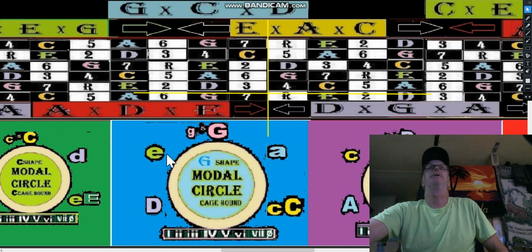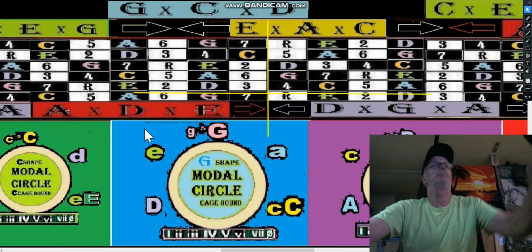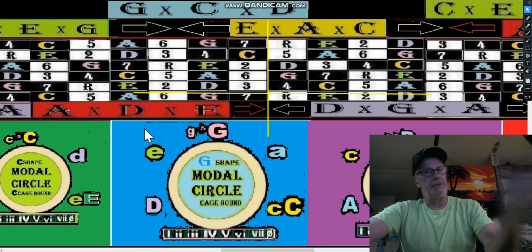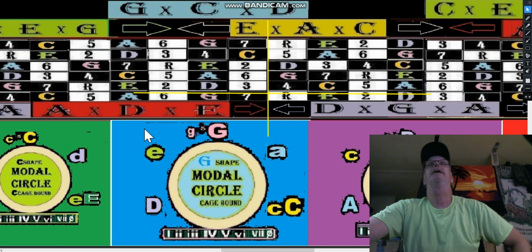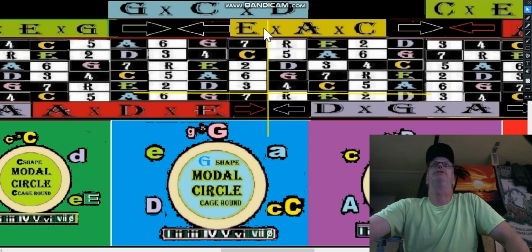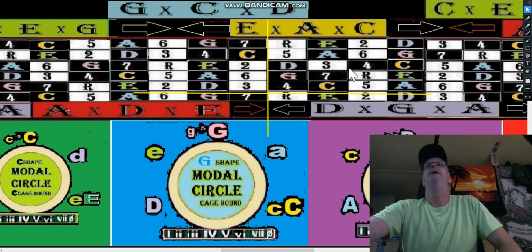So G would go down to E, would go to D, and starts to spell CAGED again. Remember, C, A, G, E, D, CAGED. D, E, G, A, C, pentatonic ascending. Okay, that's going up the scale. So from E shape, we're going to go up to G, a G minor shape.